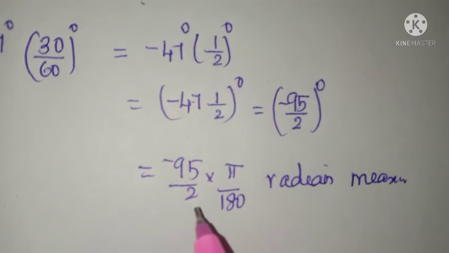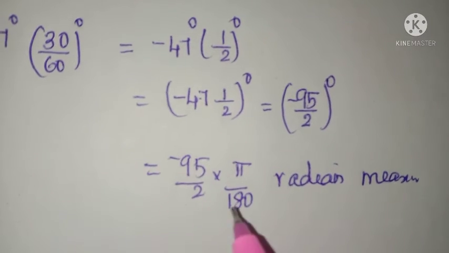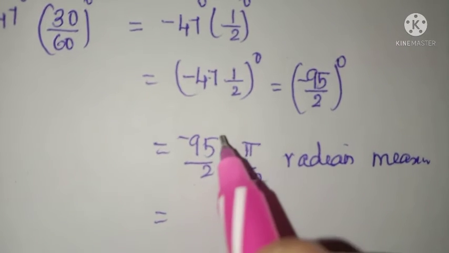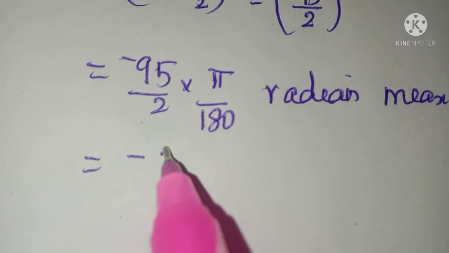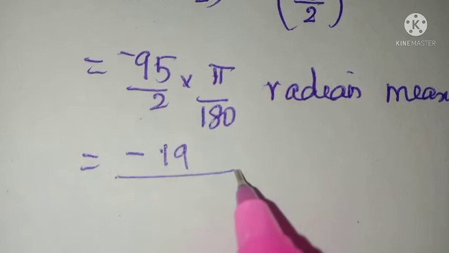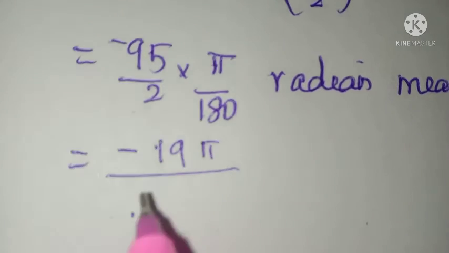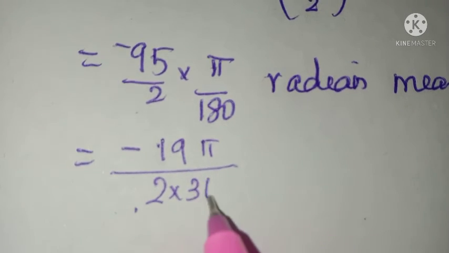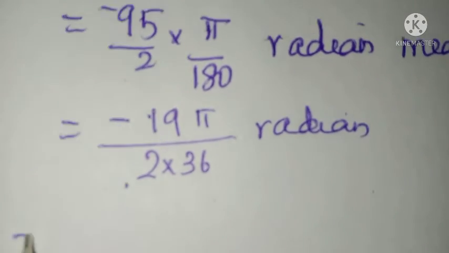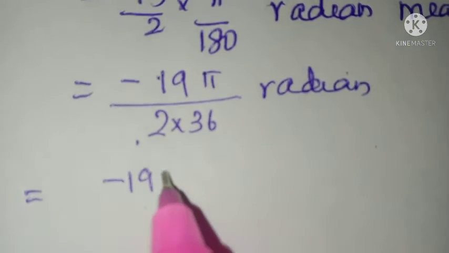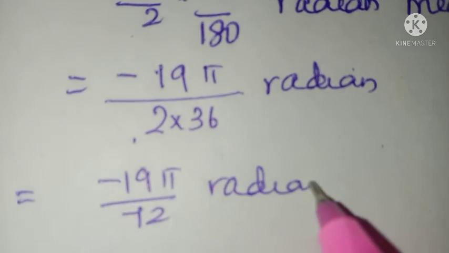Now here we can write 95 pi by 2 into 180. Cancelling 5, negative 95 becomes negative 19 pi by 2 into 36 radian measure, or this can be written as negative 19 pi by 72 radian measure.